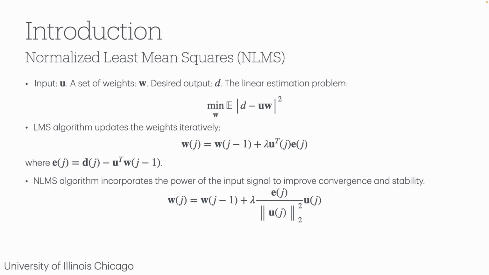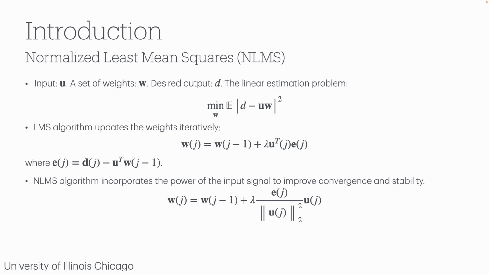Although the LMS algorithm leads to convergence under convenient circumstances, it also has limitations originated from the input signal. Therefore, the normalized least mean square algorithm is introduced, and it incorporates the power of the input signal to improve the convergence and stability. You can see that the update term now has a normalization factor.